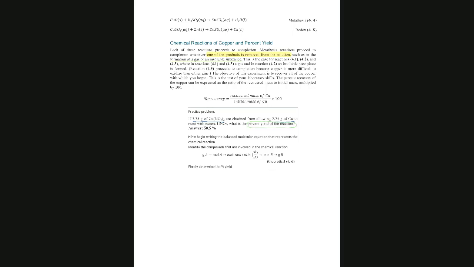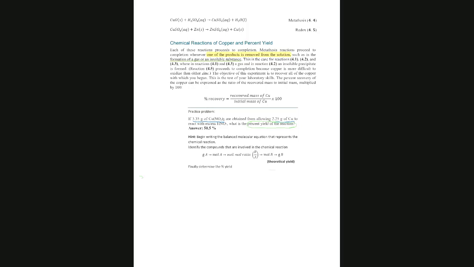That's why grams of A to grams of B. We cannot go directly from grams of A to grams of B. So how do we do this? This is basic.